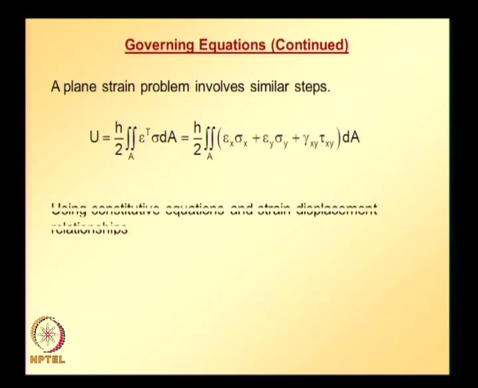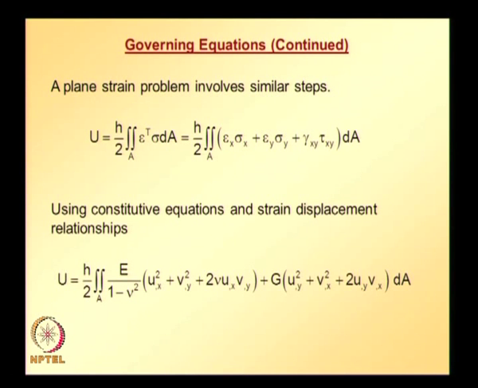Expressing it using constitutive equations and strain displacement relations, we can write this in terms of displacements. Finally, strain energy in terms of displacements looks like this. To verify whether the variation of Pi p is equal to 0, we need to know the variation of U.